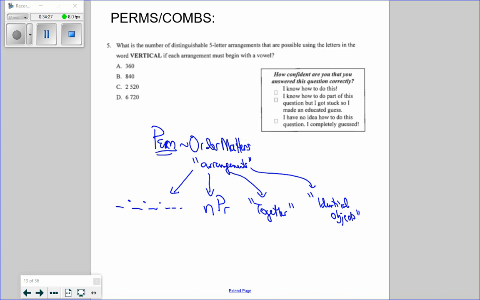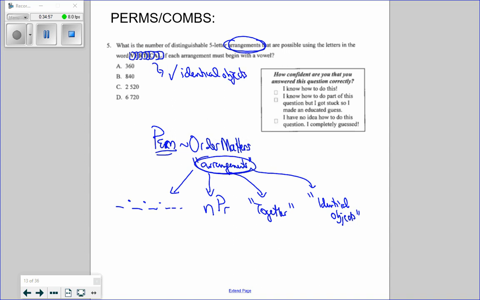So it says here, what is the number of distinguishable 5-letter arrangements that are possible using the letters in the word vertical? So think of these as Scrabble tiles. When you have a Scrabble tiles question, every single time, I want you to check for identical objects.